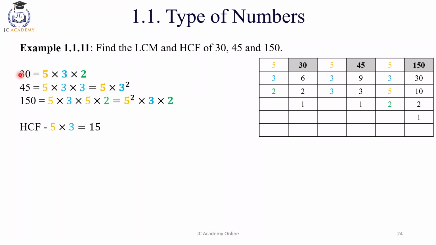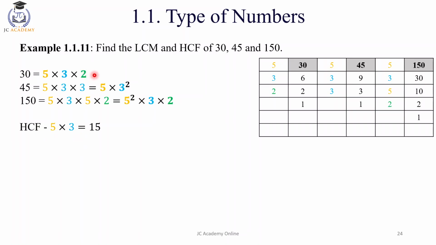So for the first number, we have 5, 3, 2. Second number 45, we have 5, 3, 3. So we have 5, 3 in both. And the third one, we have 5, 3, 5, 2. So 5 times 3 appears in all three of them. Therefore, 5 times 3 is our highest common factor.